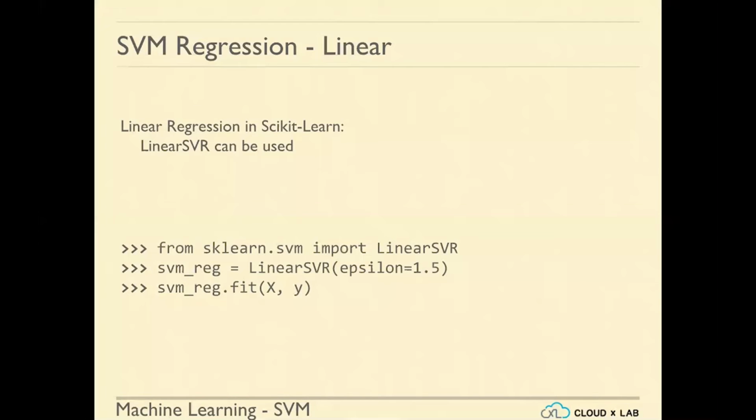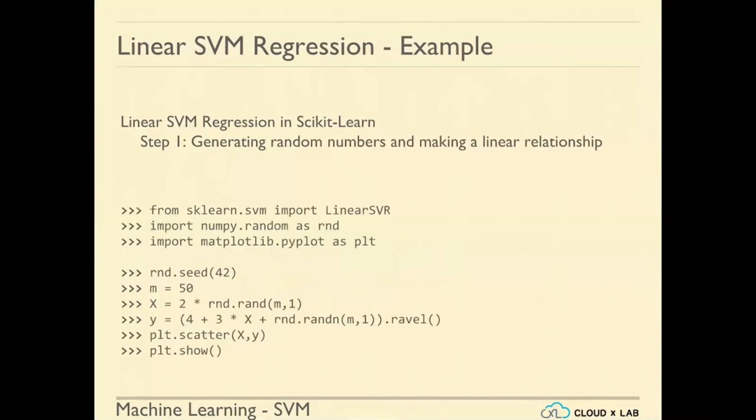And just like we used LinearSVC, here we use LinearSVR. You can use any epsilon, maybe 1.5, or even if you don't, it'll assume some epsilon by itself. All you need to do is say SVM regression dot fit. That's all. And linear SVM regression is in scikit-learn.